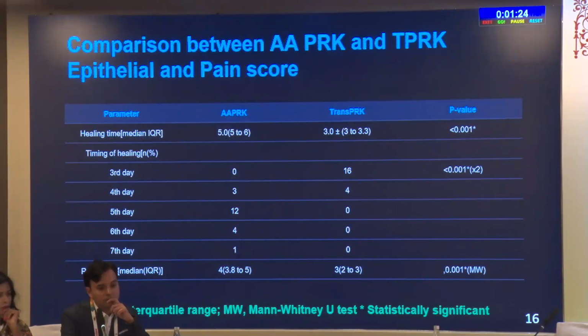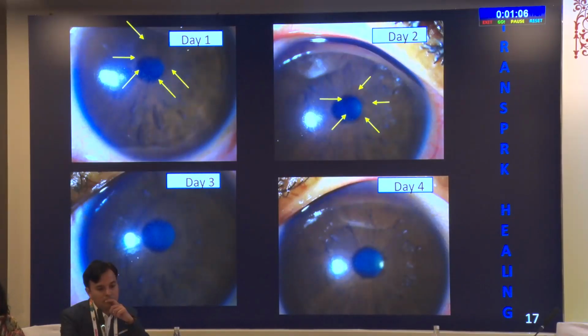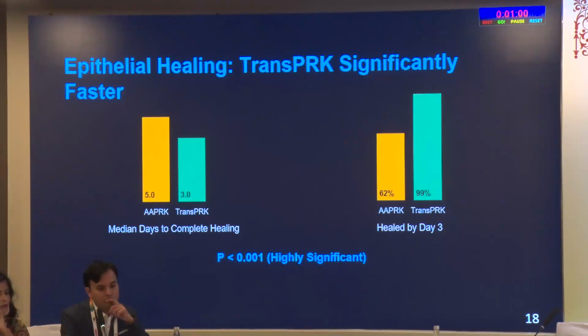And then regarding the epithelial healing and the pain score, we found that the epithelial healing was definitely better with trans PRK. On average it took just 3 days, and in alcohol ablated it took around 5 days. This is an illustration of the epithelial healing pattern, and the epithelial healing is definitely better with the trans PRK group.